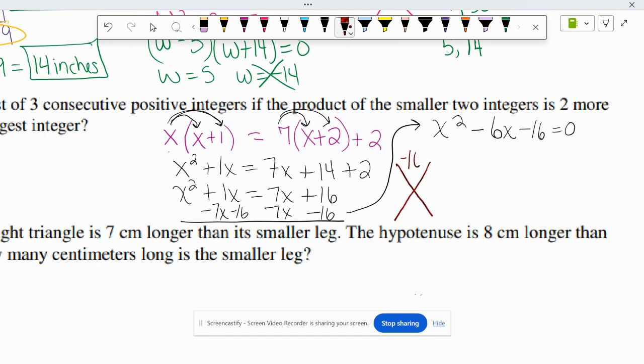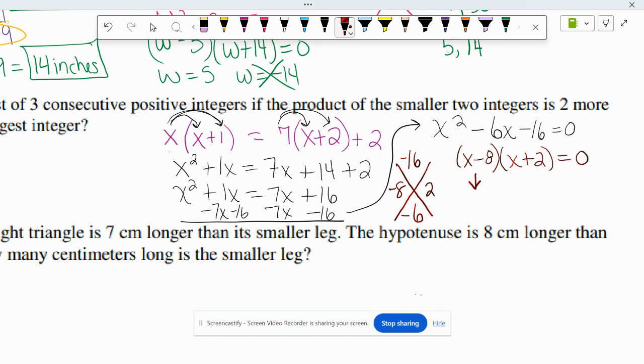Two numbers that multiply to negative 16 that add to negative 6. Okay, so what are they? Negative 8 and positive 2. So this is x minus 8 times x plus 2 equals 0.